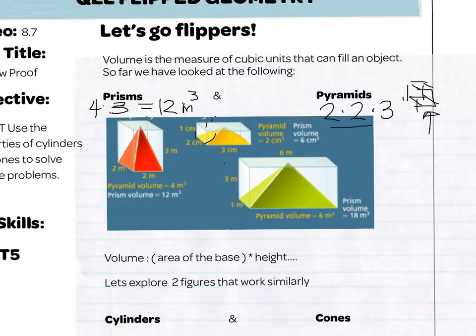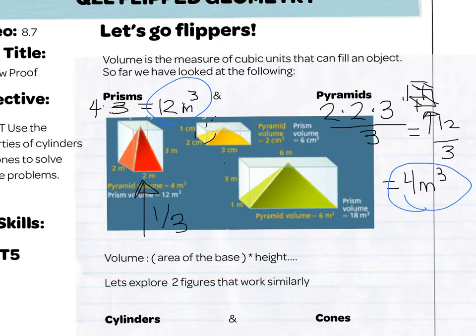And we divide all of that by 3 because remember, this pyramid is 1/3 of the prism. 2 times 2 is 4, 4 times 3 is 12, which would be 12 over 3. And 12 divided by 3 would give us 4 meters cubed. All right. And if we looked at all the rest of these, we would see the same comparison.